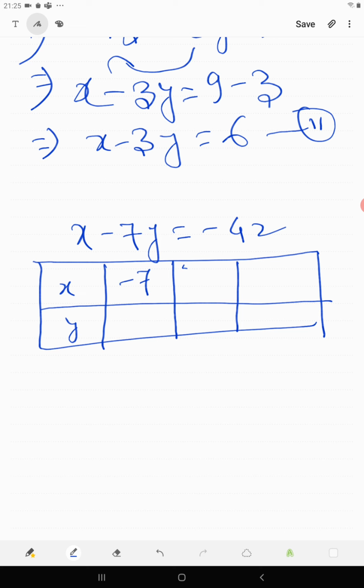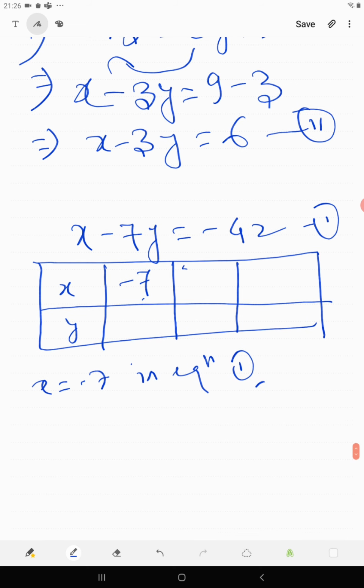So what will happen? Put x equals minus 7 in equation 1. So what you will get? Minus 7 minus 7y equals minus 42.